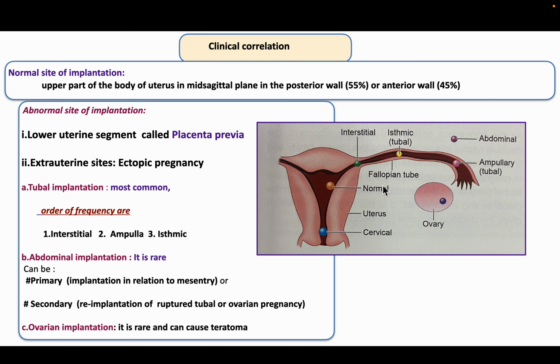An extrauterine site we call ectopic pregnancy. Extrauterine sites may be in the tube, the abdomen, or the ovary. In tubal implantation, the most common is interstitial, second is ampullary, and third is isthmic. Abdominal implantation is of two types, primary and secondary. Ovarian implantation is rare and can cause teratoma.